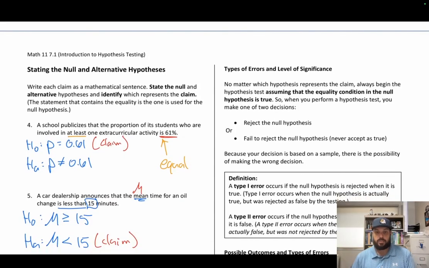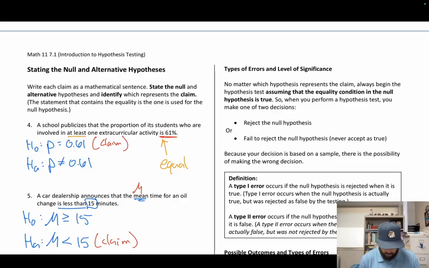And then this brings us to the types of errors and our level of significance. So remember, no matter which hypothesis represents the claim, always begin hypothesis testing assuming that the equality condition in the null hypothesis is true. We always assume the null hypothesis is true. So then when we perform our hypothesis test, you make one of 2 decisions.